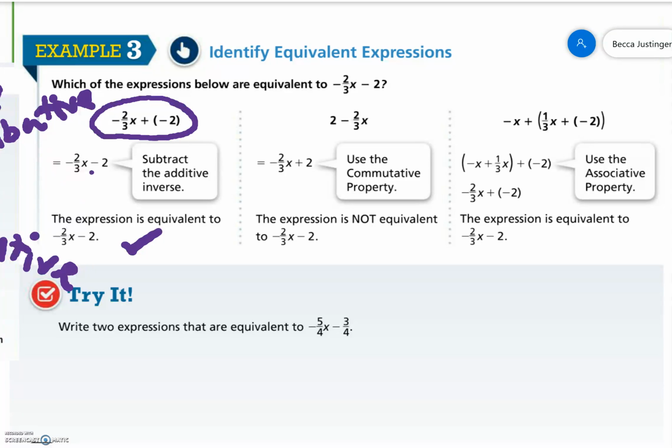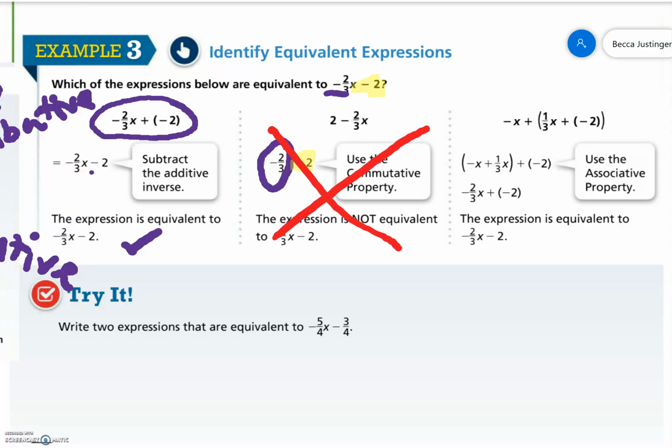The next one, positive 2 minus 2/3 x. We run into an issue here. We can use the commutative property and change the order. And yeah, negative 2/3 x matches with negative 2/3 x. But the problem is this is a positive 2 and this is a negative 2. So this expression is not equivalent.